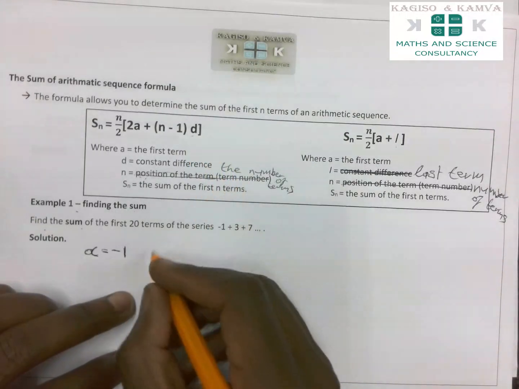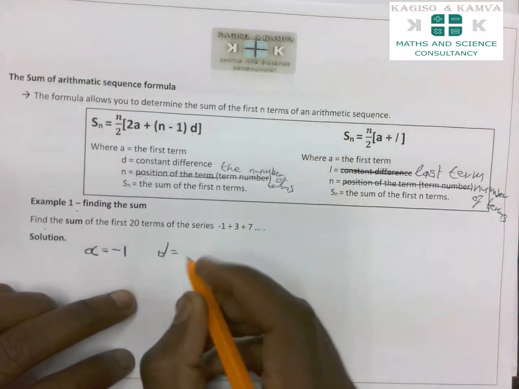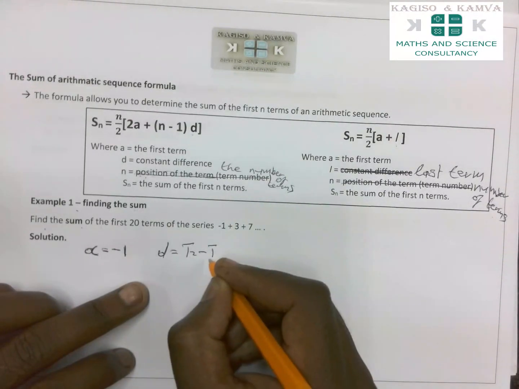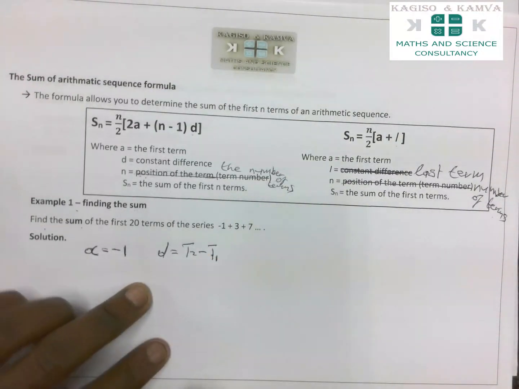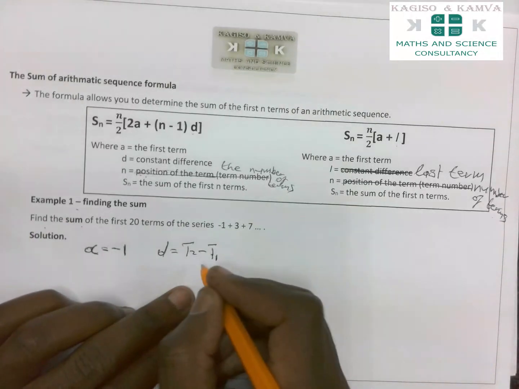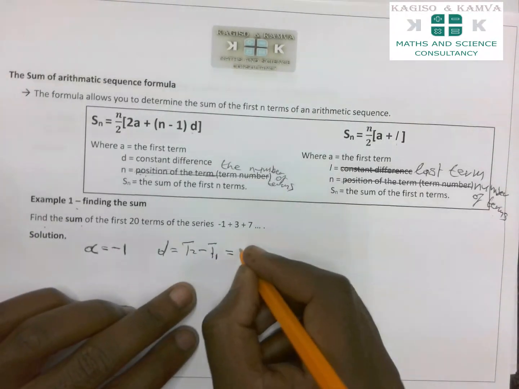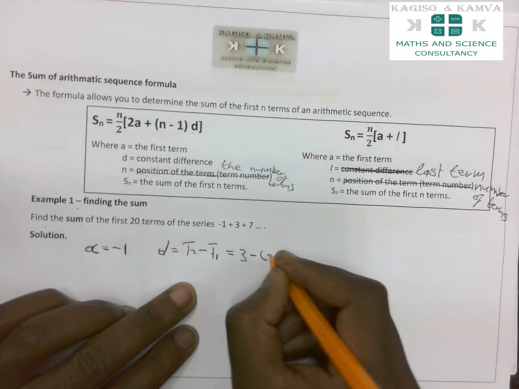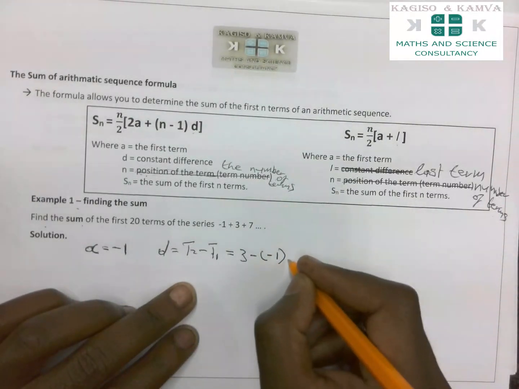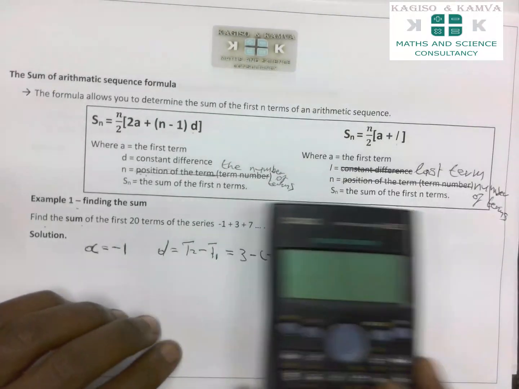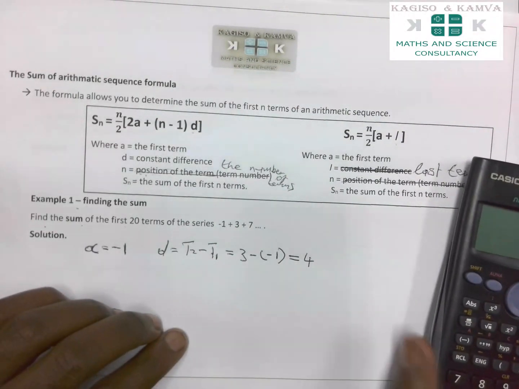The difference is going to be T2 minus T1, which is 3 minus negative 1. This is going to give us positive 4. So the difference is equal to 4.